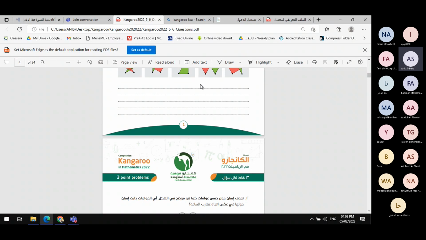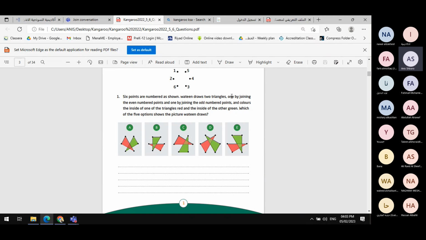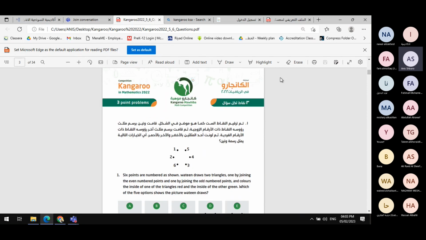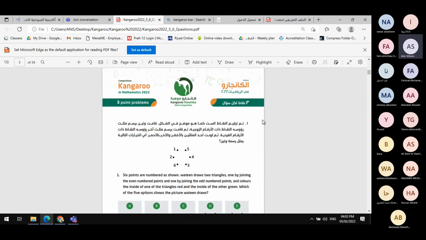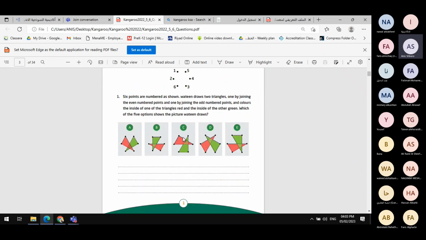And of course, they will write for you: this question is out of 3 marks, this question is out of 4 or 5 marks. My advice, always start with the easy ones and keep the hard to the end, because sometimes time is not enough. You're going to choose randomly, but of course, we are going to cross some choices.